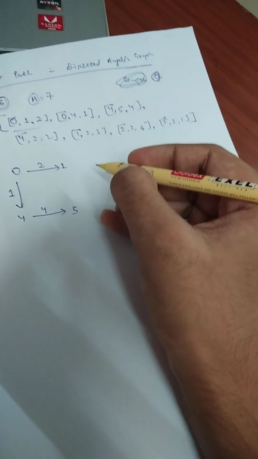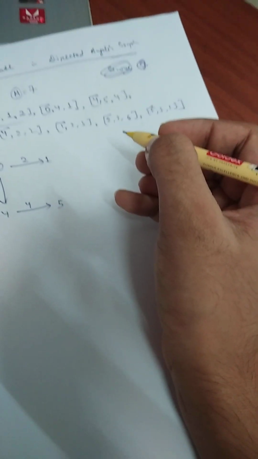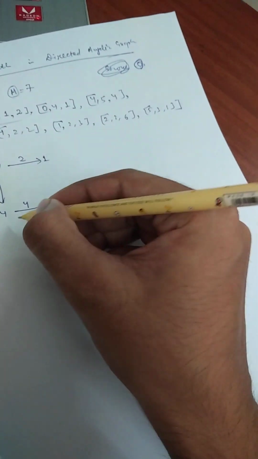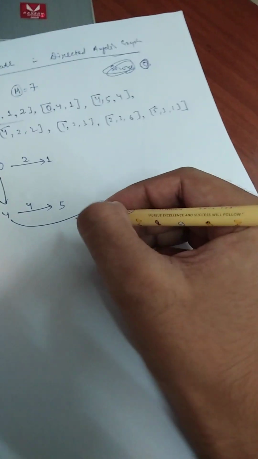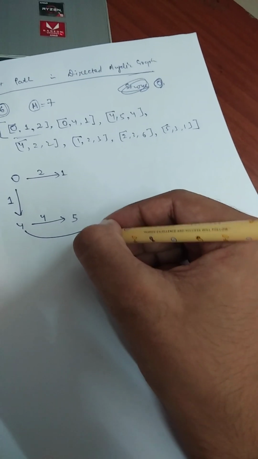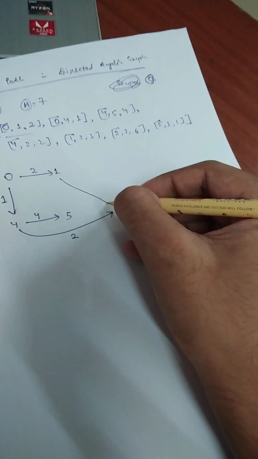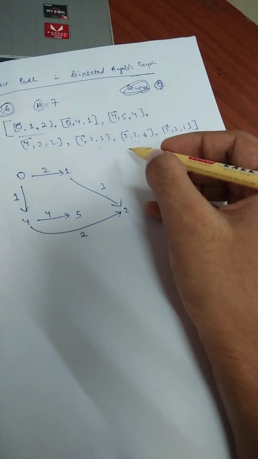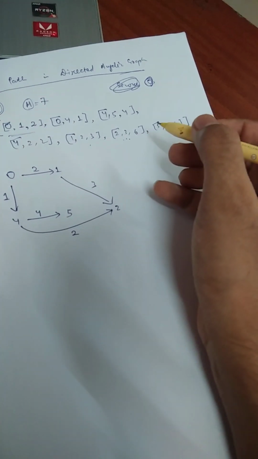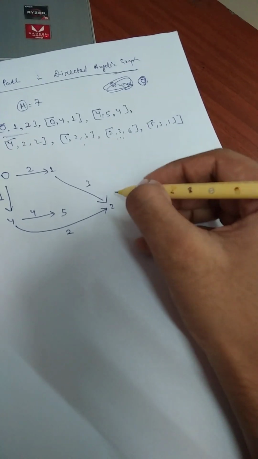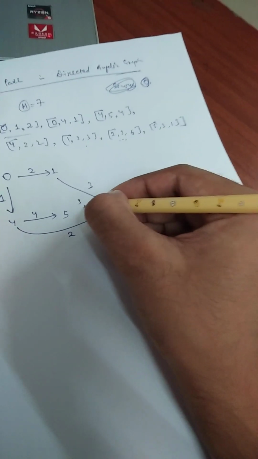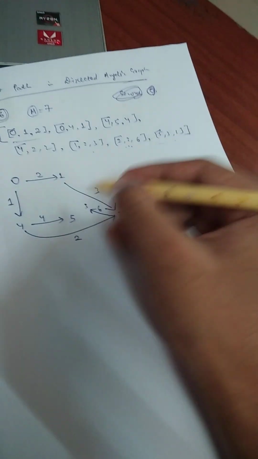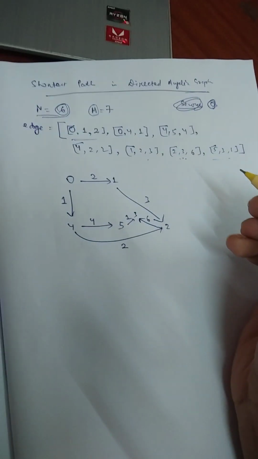Then from 4 to 2 I have edge weight as 2. From 1 to 2 I have edge weight as 3. From 2 to 3 I have edge weight as 6. Okay. And from 5 to 3 I have edge weight as 1. Alright.